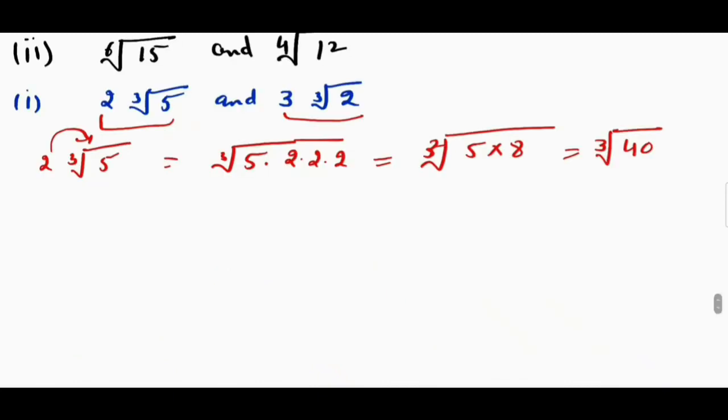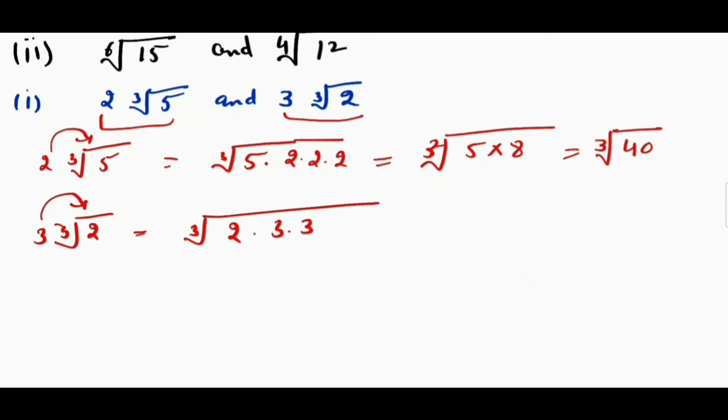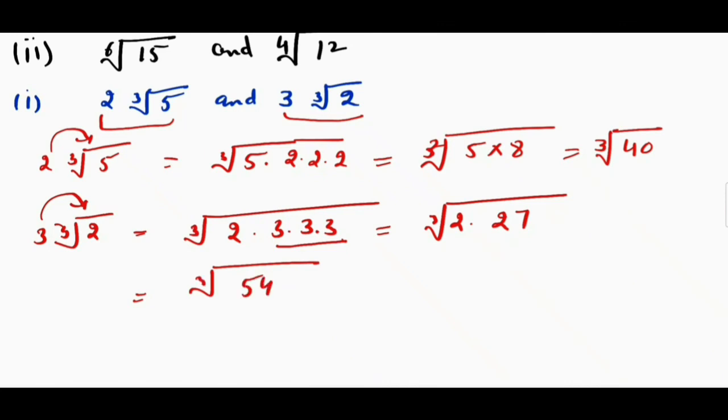Now the second number is 3 into cube root of 2. So I can take this 3 also inside. So this will become cube root of 2 into 3 into 3 into 3, which is equal to 2 into 27. So if I multiply 2 with 27, I will get cube root of 54.